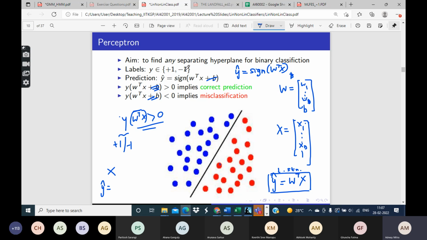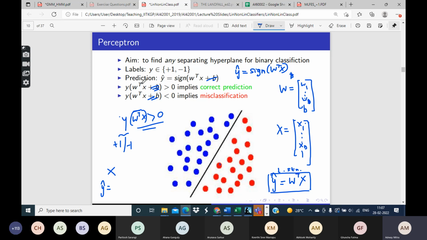When we are doing a binary classification, that is, we are trying to classify two classes, we identify one class as +1 and the other class as -1, irrespective of what the classes actually are. Here y is the true label and sign of w transpose x is the predicted label.